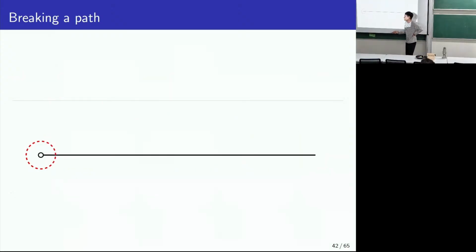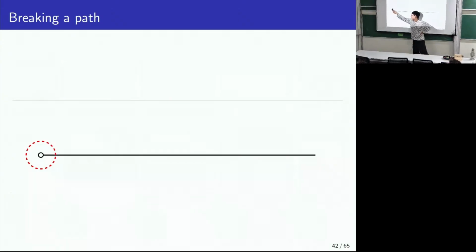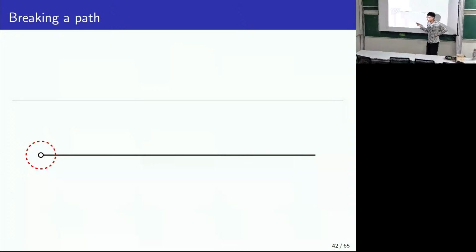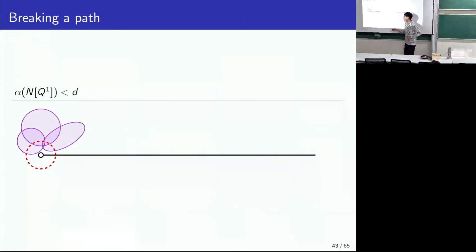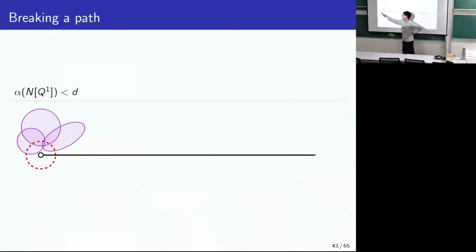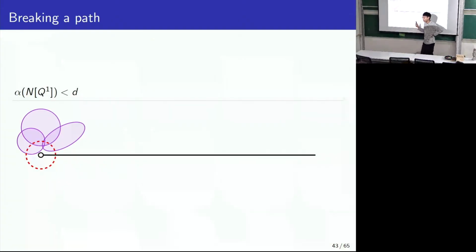Look at the first vertex here, its neighbor, it may meet some bramble elements, but cannot meet all of them. Because we are in K1D-free graphs, its neighborhood has independence number less than D, so it cannot be a hitting set of all bramble elements.